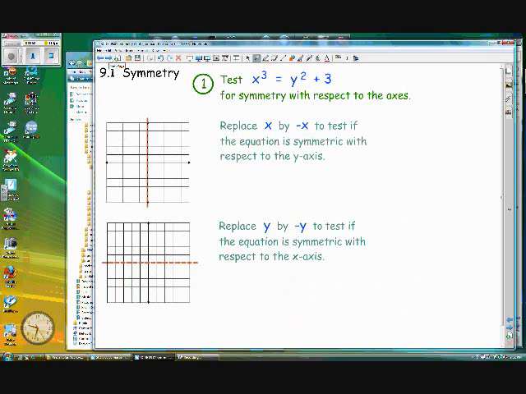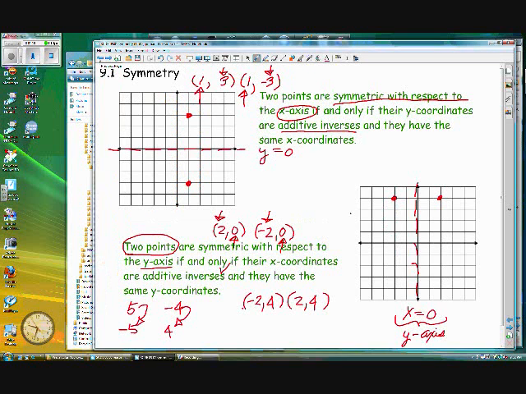So let's try some. We're going to test this particular equation to see if it is symmetric with respect to the axes. First, we're going to see if the additive inverses change the value of the equation. Let's see, the value of the y, right? Let's go back here and make sure we understand this.